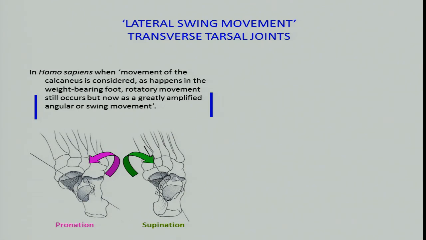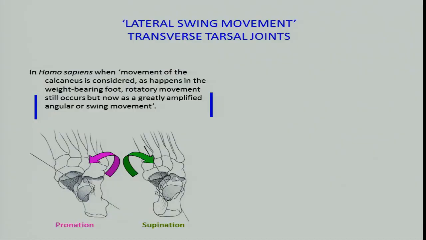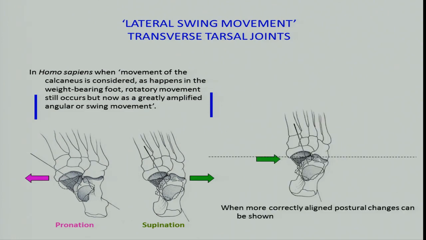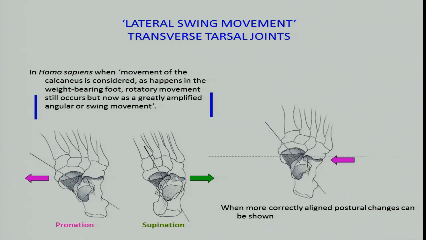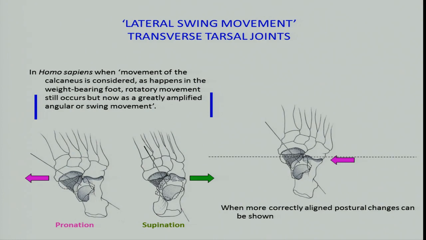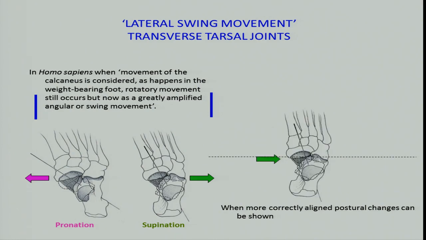Now, when you see those two diagrams, which are not superimposed or accurately related to each other, you don't really understand, as I've mentioned before, just how obvious this swing movement is. But if you do that, then you see very clearly that there is a lateral swing movement, which he has illustrated, and that the talus rotates as well.